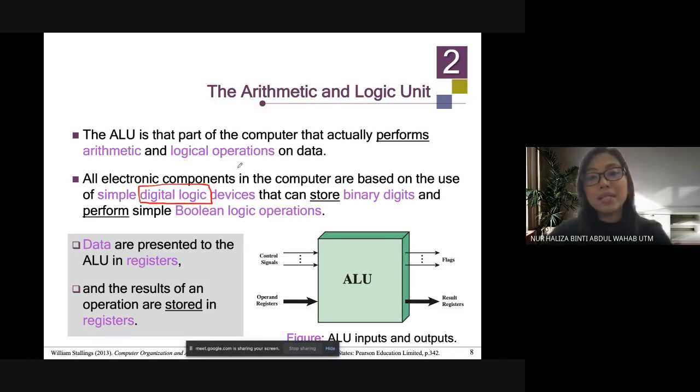Your computer is basically a combination of electronic components from your simple digital logic. So whoever got an A plus for digital logic should also get an A plus for COA, because this subject is very simple, right? It is linked to your digital logic subject too.